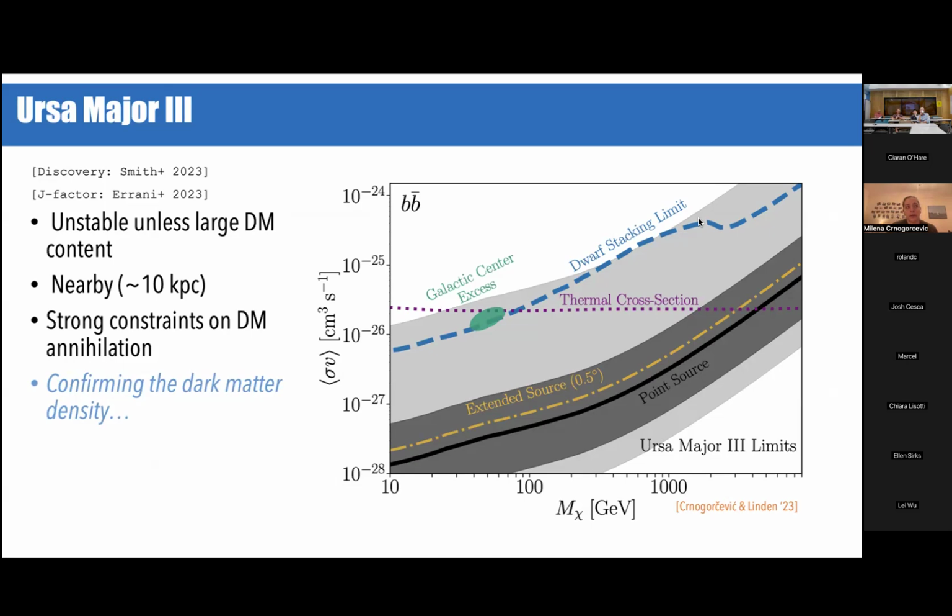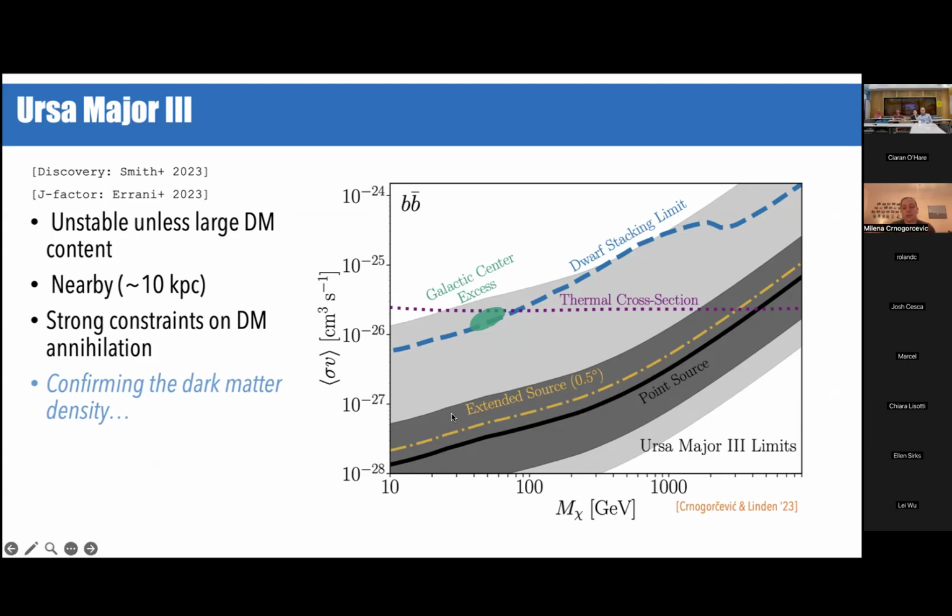However, the argument that has been used to describe its dark matter content is that unless it has a large dark matter density, it would have been tidally disrupted by our own galaxy, which leads to a really large value for the J factor, which then can provide very strong constraints on the dark matter annihilation.